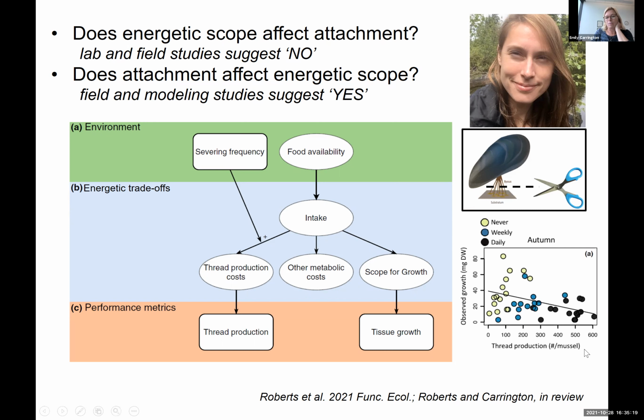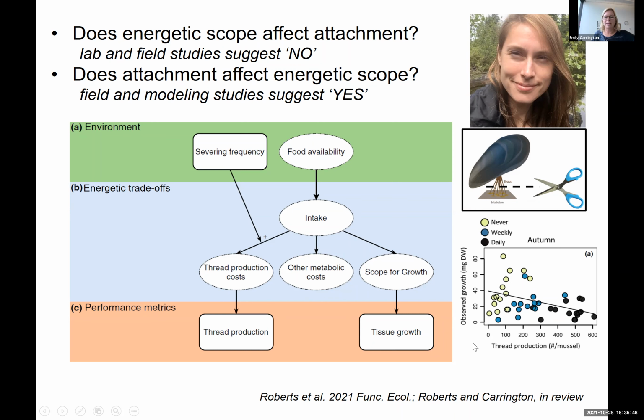What we found is, first of all, this manipulation of cutting them daily, weekly, or never was successful in forcing the animals to produce different amounts of byssus. Those that were severed daily had to put out quite a few byssal threads over the course of those 6 weeks, and those that weren't didn't produce very many at all.